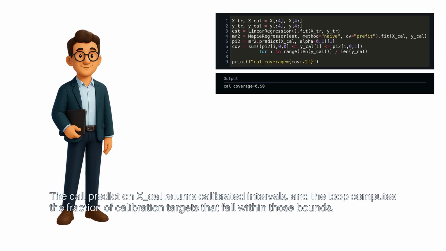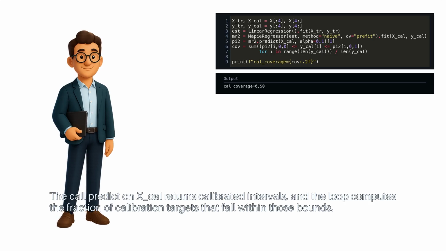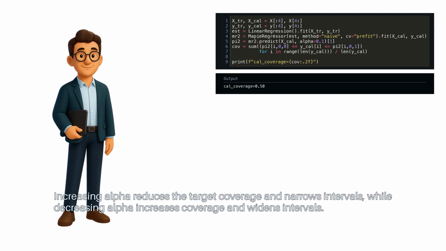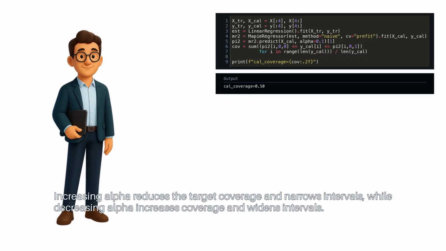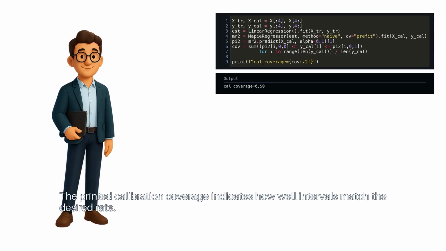The call predict on xcal returns calibrated intervals, and the loop computes the fraction of calibration targets that fall within those bounds. Increasing alpha reduces the target coverage and narrows intervals, while decreasing alpha increases coverage and widens intervals. The printed calibration coverage indicates how well intervals match the desired rate.